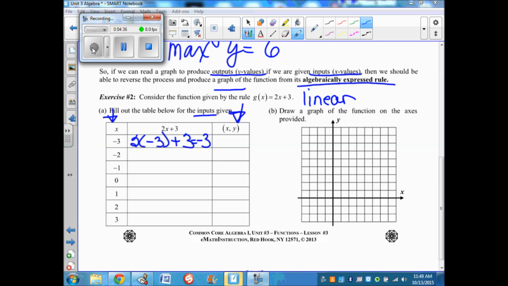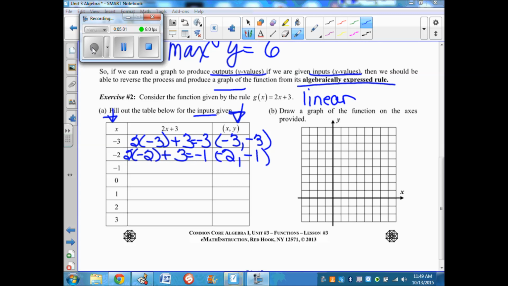So then my point, my x comma y, is going to be my input comma the output that I just found. I could do that a second time. 2 times negative 2 plus 3. So I've got negative 4 plus 3, which is negative 1. That's the output, so what's the point?